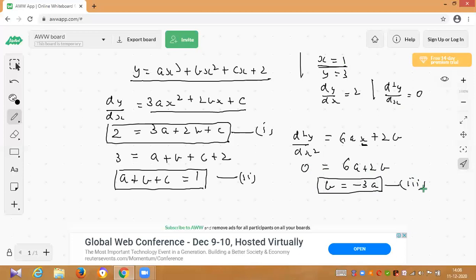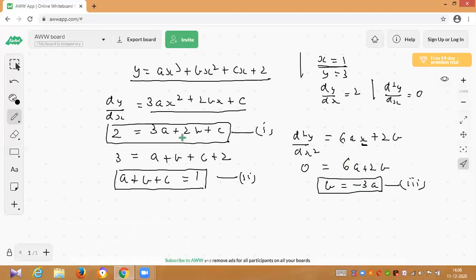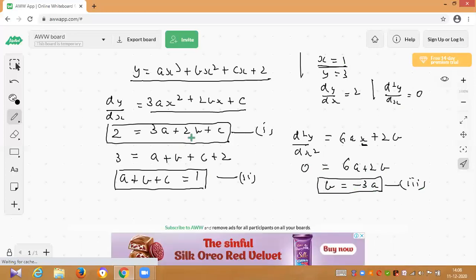So of the three equations which I got, after solving, I got b as minus 3a. Now, if I put b as minus 3a into the first equation, I'll get minus 3a plus c equals 2. And if I put b as minus 3a into the second equation, I'll get minus 2a plus c equals 1.